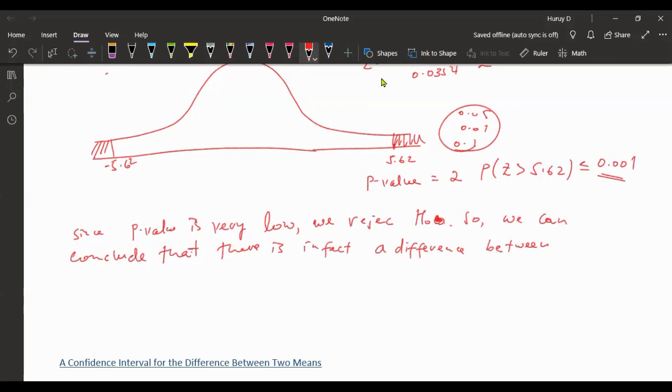Yeah, the rates of surfing between generation Y and generation X. Okay, so now based on this, we conclude there is a significant difference between these two generations. And this is the conclusion step. Step number 4.